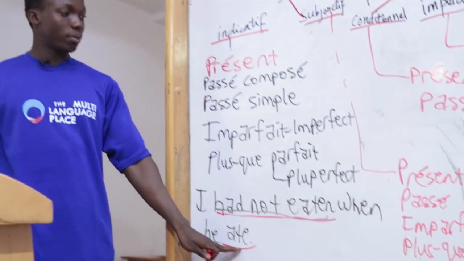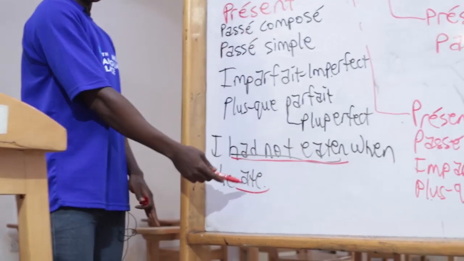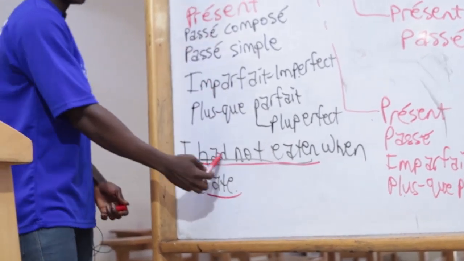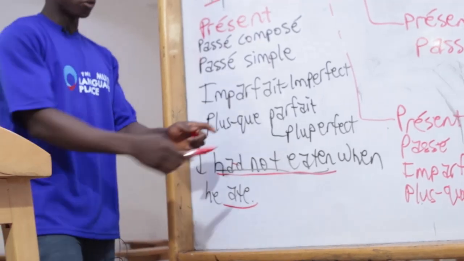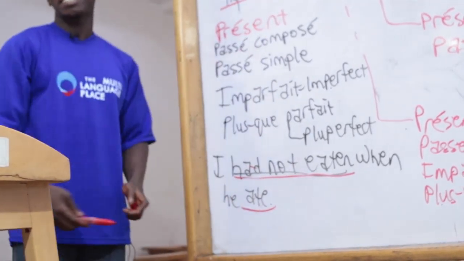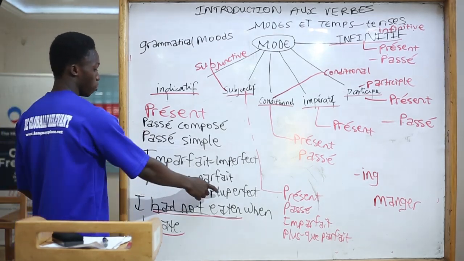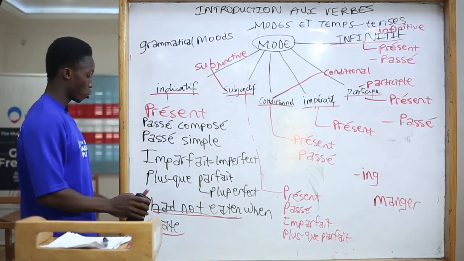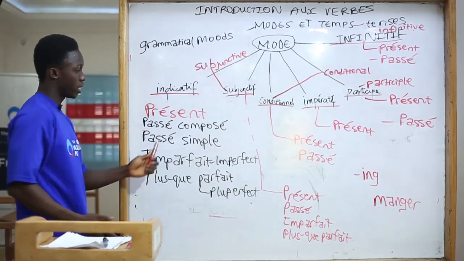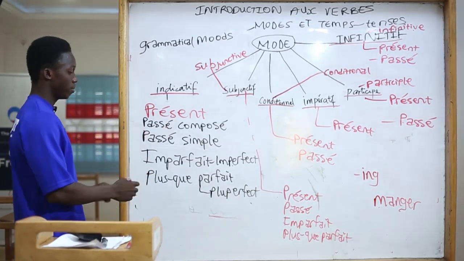We can compare this to passé composé. Ate, normal past, the one you say normally. Passé composé. But this is pluperfect. Why? Because it is showing a past that is even more past than this. So that's what we call pluperfect tense. Plus que parfait.